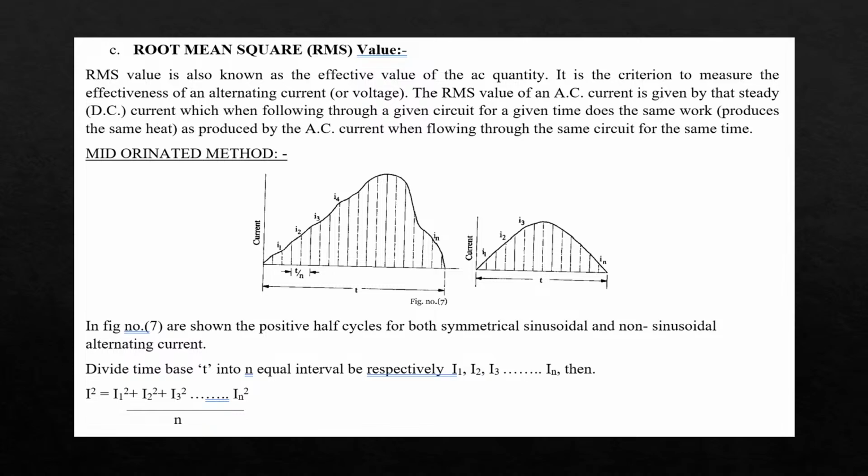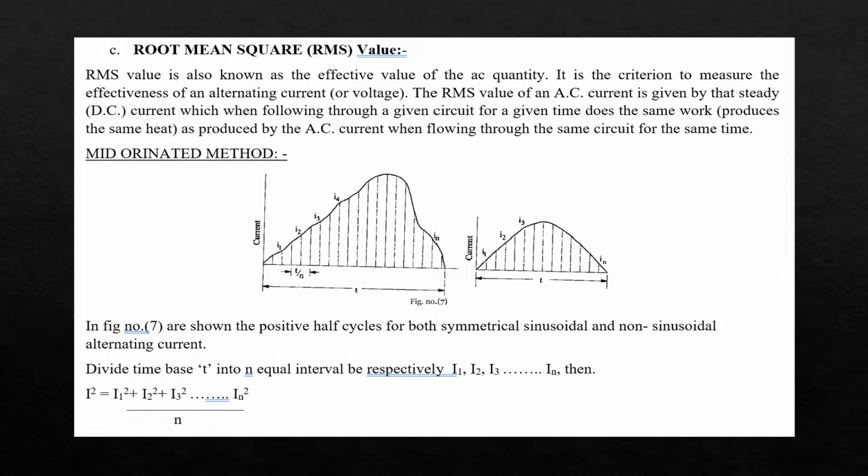Wait, let's understand line by line. I believe in understanding stuff rather than just memorizing it for theory. Sorry for swearing a little in between, it's just some emotion which I try to throw in. So, the RMS value is also known as the effective value of the AC current. RMS is the root mean square value, which is the effective value of the AC quantity.